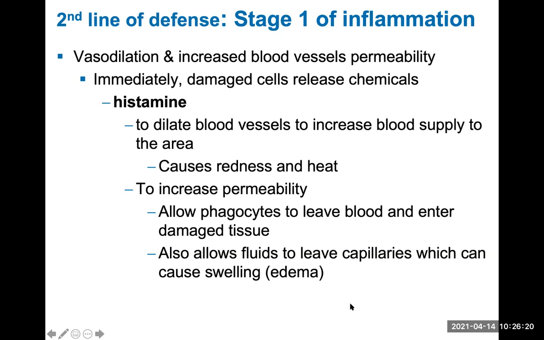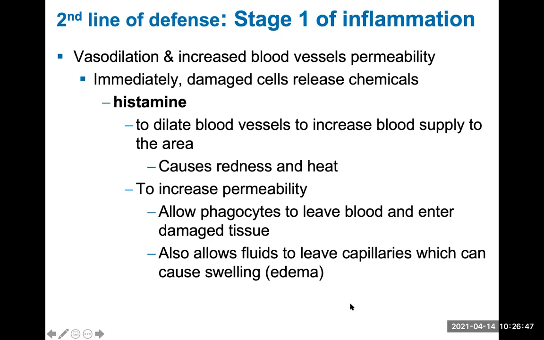Immediately upon damage, cells release histamine. This especially is true for those mast cells that we talked about, but any cell that gets damaged is going to release histamine. It's going to dilate your blood vessels, open them up, make them bigger so that you get more blood flow, essentially so you can get more of your white blood cells to the area of damage.